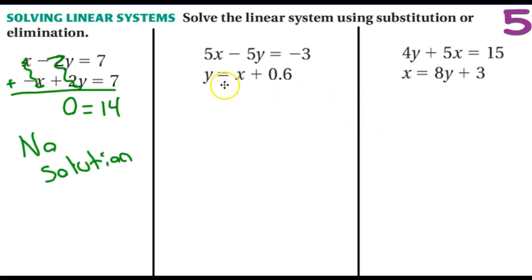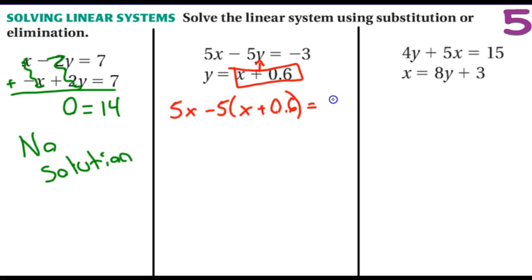Next one, I have a y, and that's all by itself. So what that tells me is I can use substitution and take x plus 0.6 and plug it in for y. So we have 5x minus 5 times x plus 0.6 equals a negative 3.